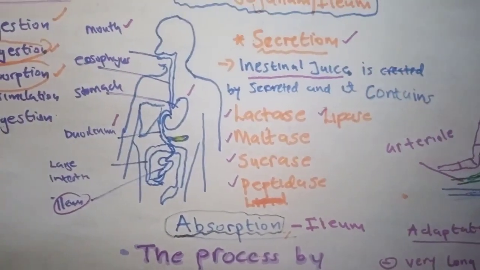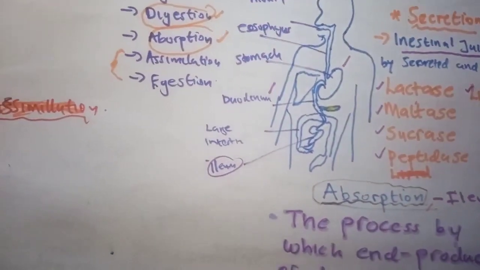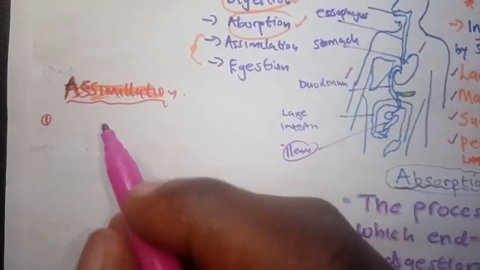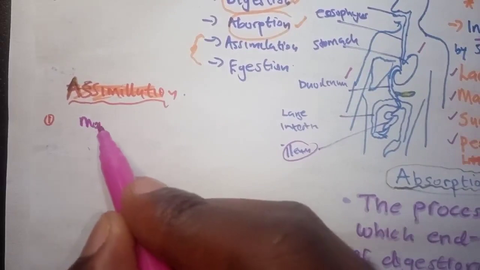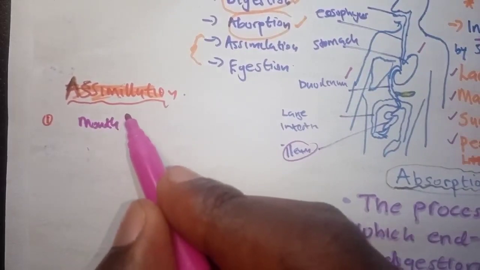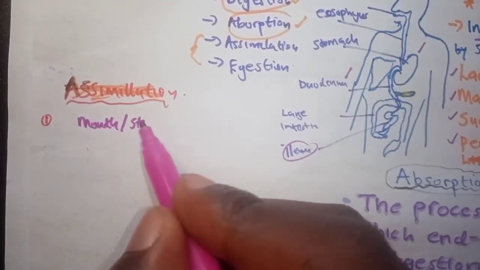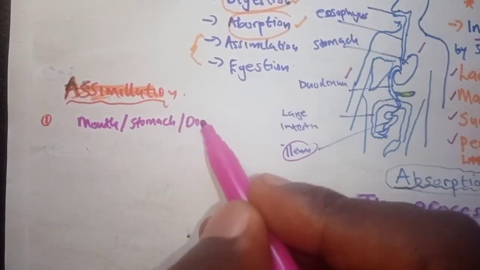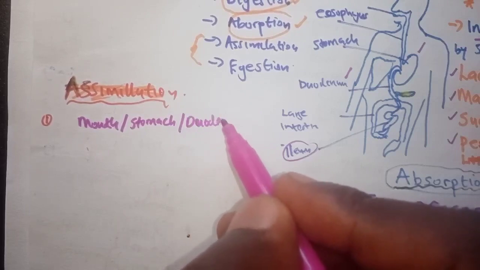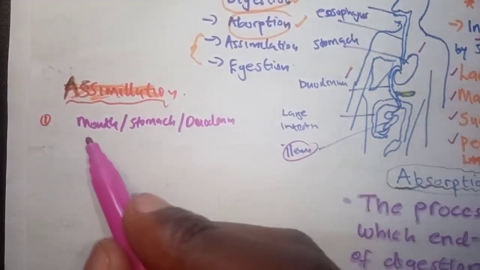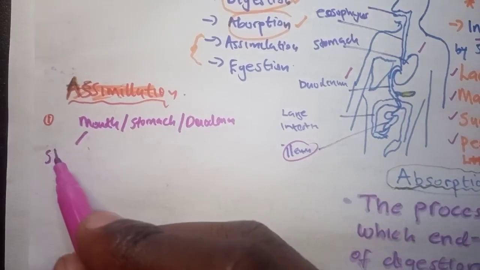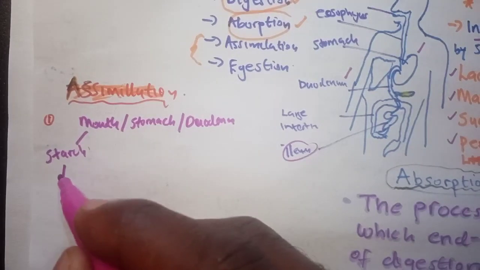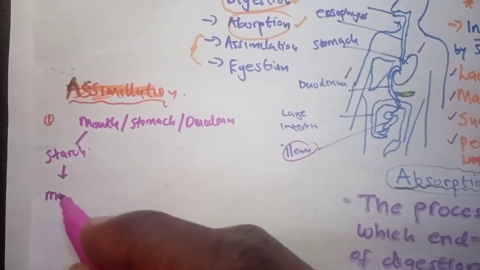What we have discussed so far is that in the mouth, the starch was broken down to maltose.